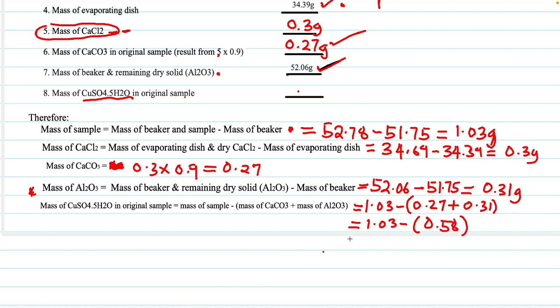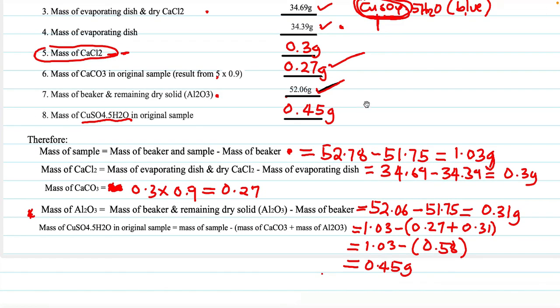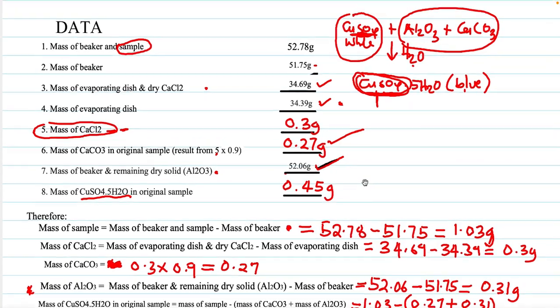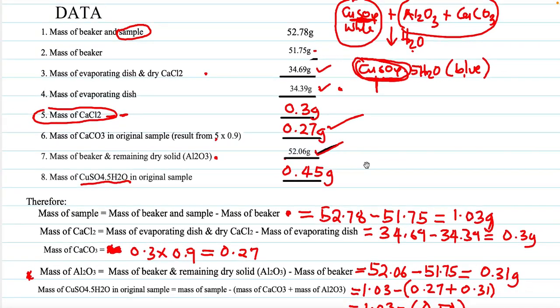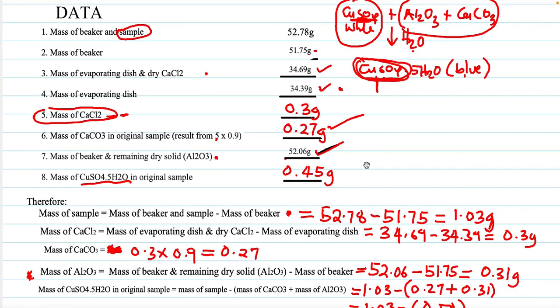So the mass of this becomes 0.45 grams. So that is how we got 0.45. So this becomes the mass of copper sulfate pentahydrate. So we actually bring down the table so that we can have a look at the table. So we have gotten the value. Now moving down to the calculation part, right?